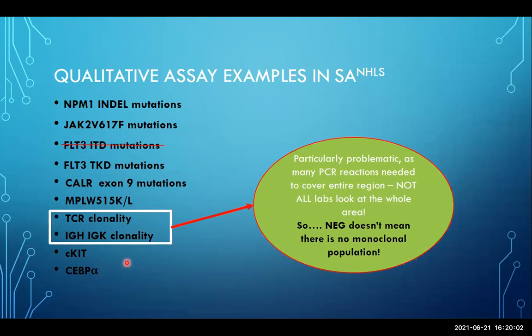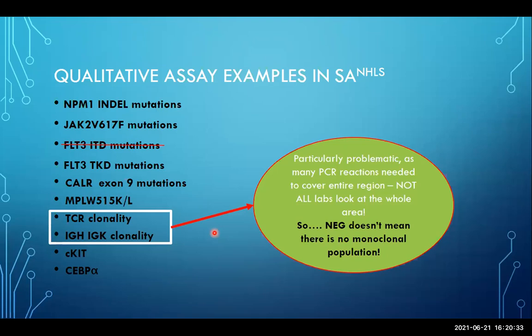Things like T-cell clonality and B-cell receptor clonality are particularly problematic. A lot of labs were using the InVivoScribe kits. These are incredibly large genes, and you need many PCR reactions to look at the entire region, which is an incredibly expensive exercise. So not all labs look at the whole area.